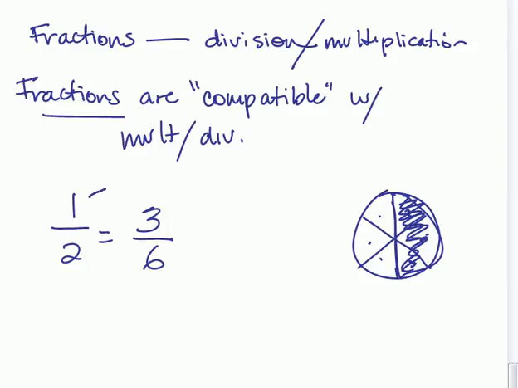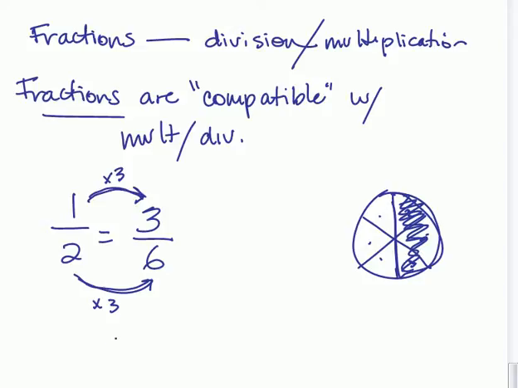But the one thing I'm going to point out is compatibility. We can take the numerator, and how do we go from 1 to 3? Well, we multiply by 3. And how can we go from 2 to 6? We multiply by 3. So we can do anything with fractions if we multiply the top and the bottom by the same number.